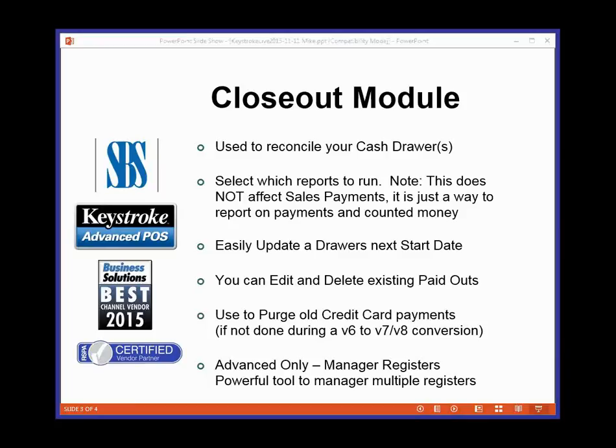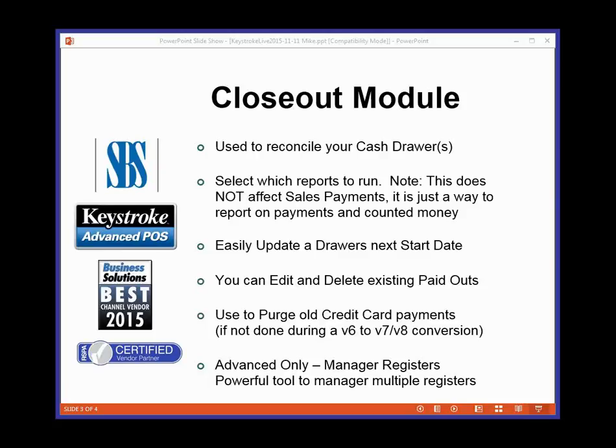Well, let's talk about the Closeout module. It is accessed through Sales Manager, and it's pretty much the tool that you use to reconcile your cash drawers. You can set up different reports to print. You can run closeouts for all registers, or for each individual register.